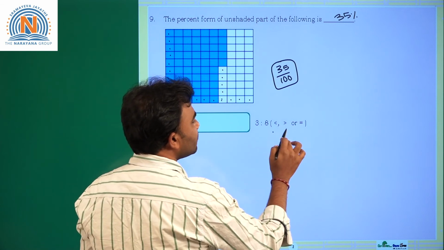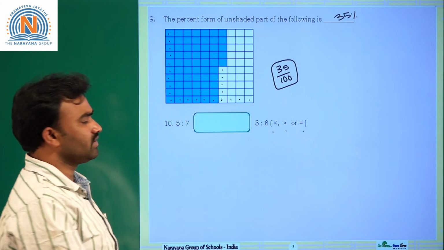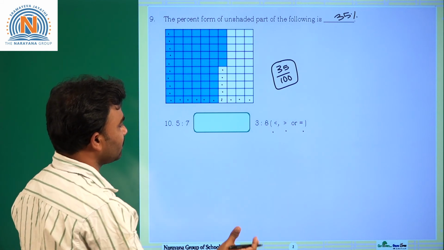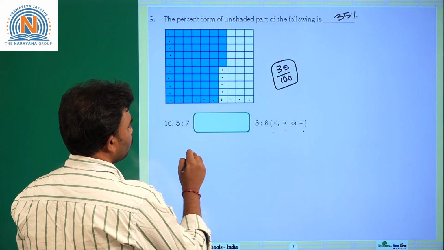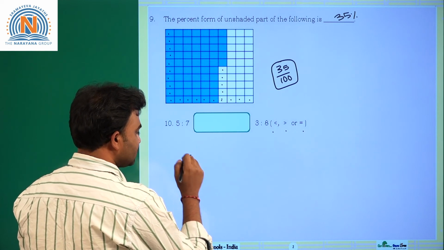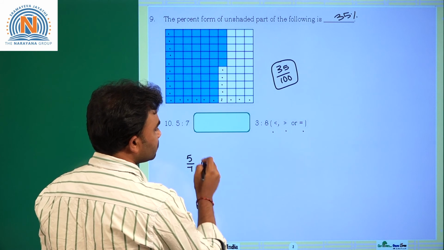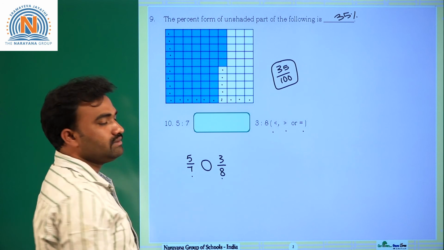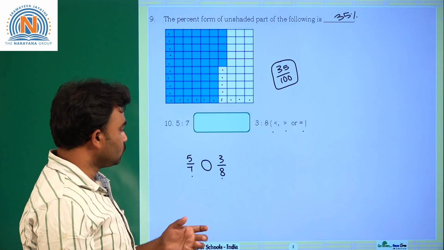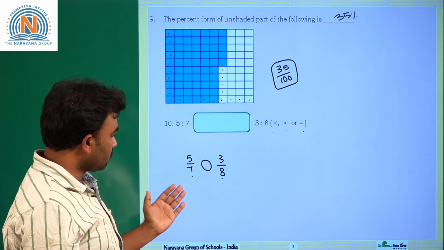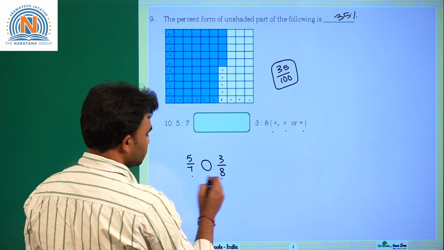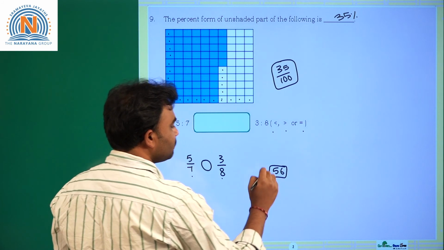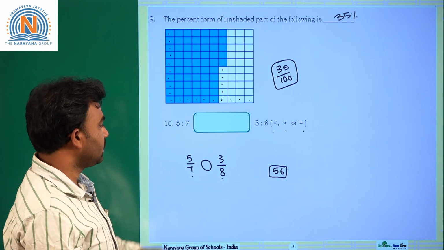Next, the 10th one: 5:7 and a box, 3:8. Here less than, greater than or equal to options are given, so we have to find which ratio is greater or less. Now 5:7 can be written as 5/7, and 3/8 as it is. The LCM of 7 and 8, as these two have no common factors, is 7 eights, 56. So 56 is the LCM of 7 and 8.